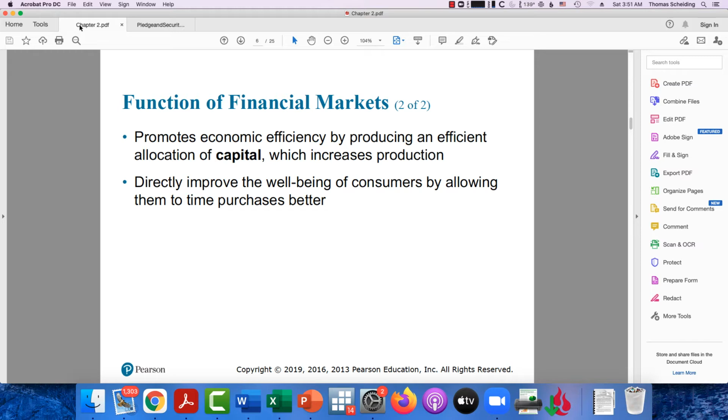Look at restaurants. Restaurants are the business that fails most often, yet restaurants still can get money. They just pay a higher interest rate to borrow that money. And what's good about financial markets is that they allow the economy to grow. Financial markets permit capital investments to be made, and it's those capital investments that help the economy grow.